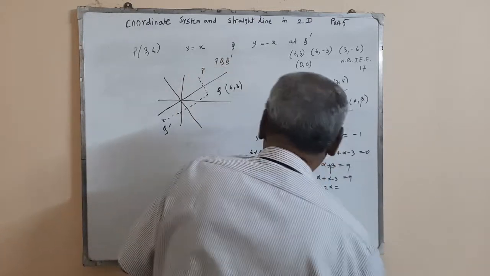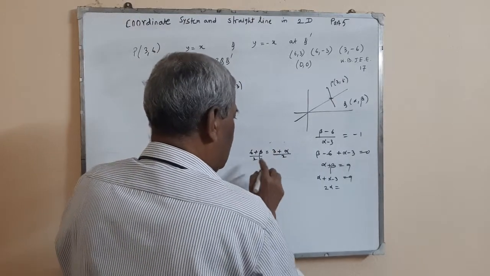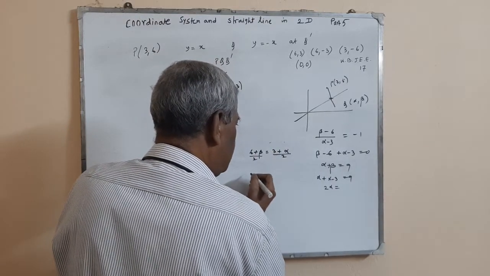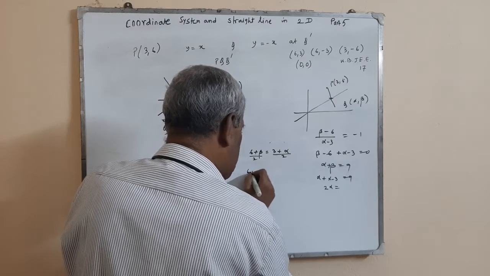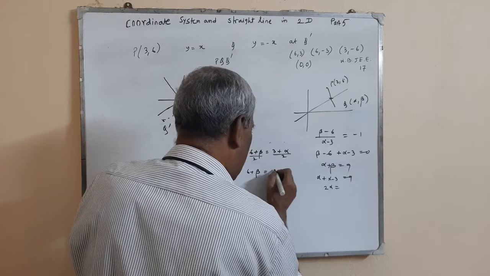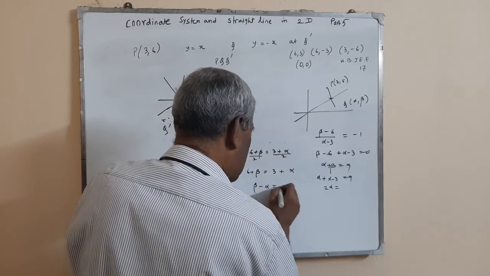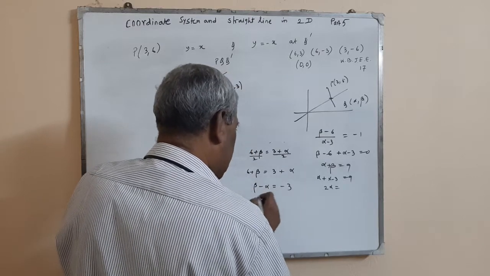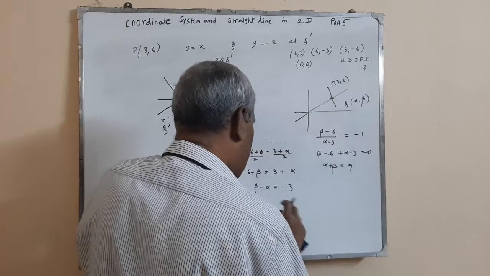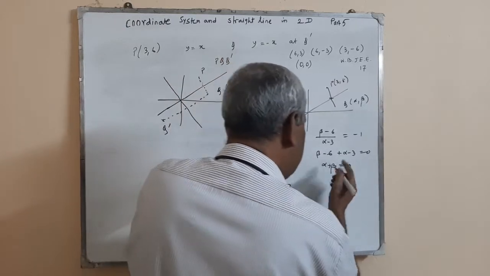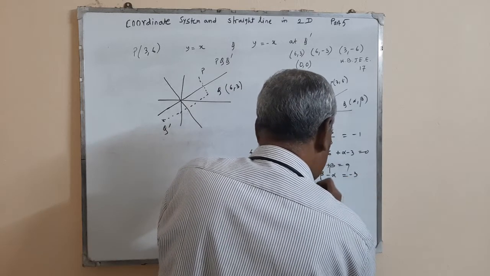So we get 6 plus beta equals 3 plus alpha, that is beta minus alpha is equal to minus 3. So alpha plus beta is equal to 9 and beta minus alpha is equal to minus 3.